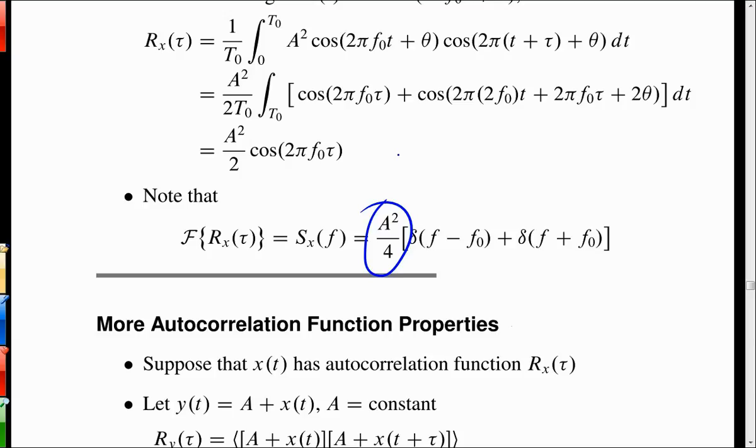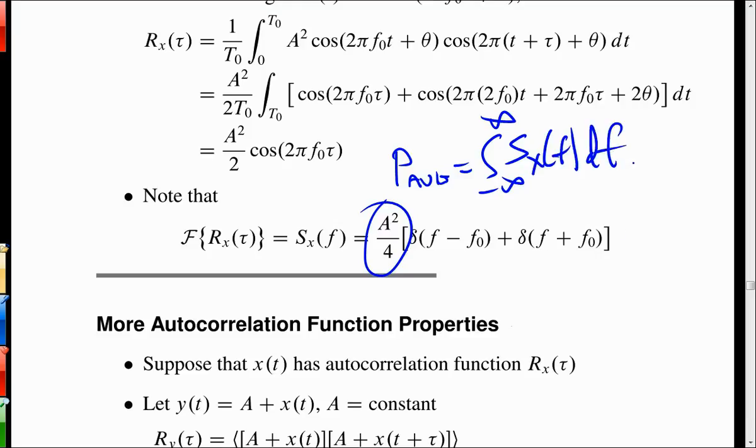And that was satisfying. Remember, P average is the power spectrum integrated. And in this case, that's going to equal A squared over 2, which we know is the power in the sinusoid.